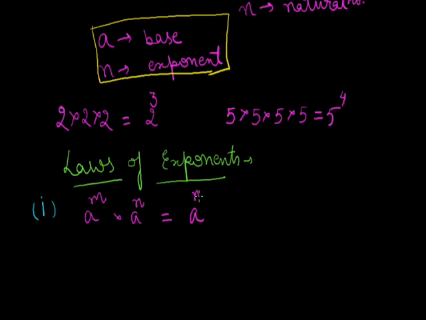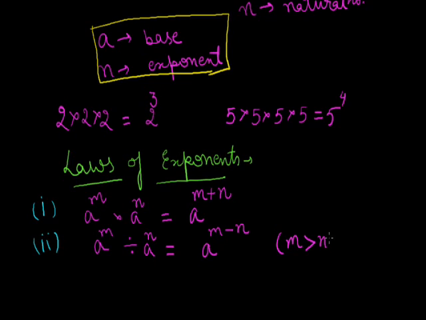So according to the law, their exponents will be added, a raised to m plus n. The second law is if a raised to m is divided by a raised to n, again the bases are same, then their exponents are subtracted, that is m minus n.